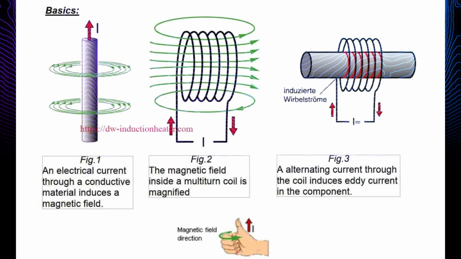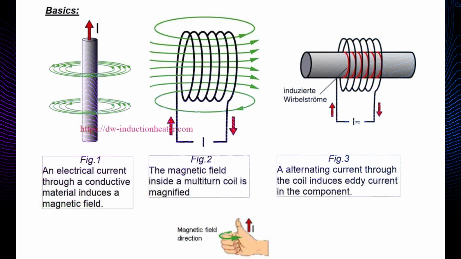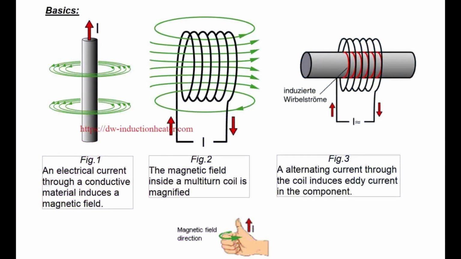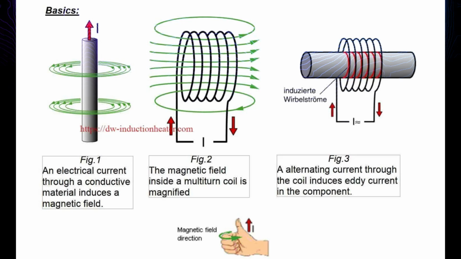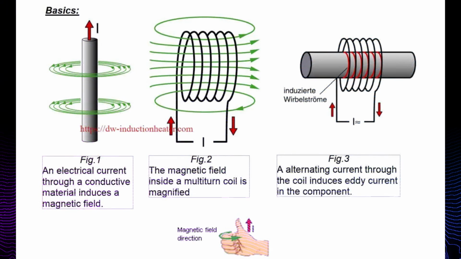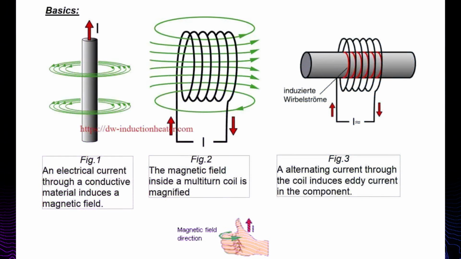Inductors connected in parallel. When inductors are connected in parallel, the total inductance can be found in a similar manner to finding the total resistance of a parallel circuit. The reciprocal of the total inductance is equal to the sum of the reciprocals of all the inductors.